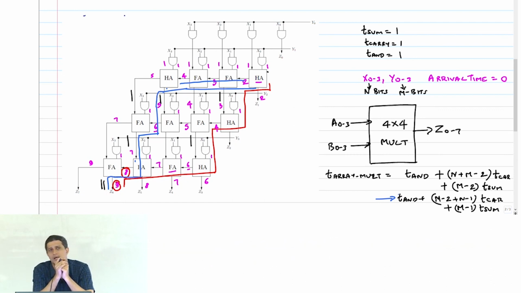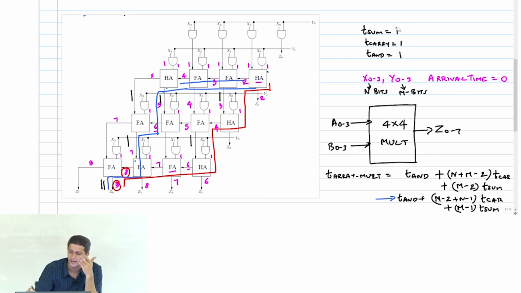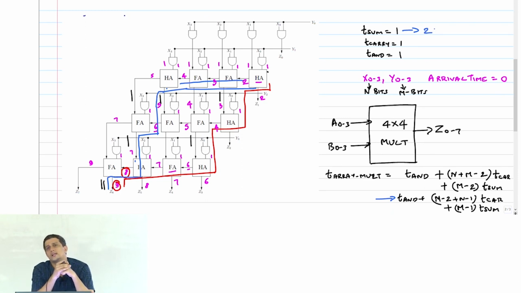Correct. So in some sense, we have not represented reality perfectly here in this arrival time picture. So you're right. Where there are more T sums, that's what we have to do. And in fact, I'd say you go back and work this out for if T sum were 2 units and T carry were 1 unit, then you will find that this is actually the signal with most delay, because you have to wait for that sum to come out.